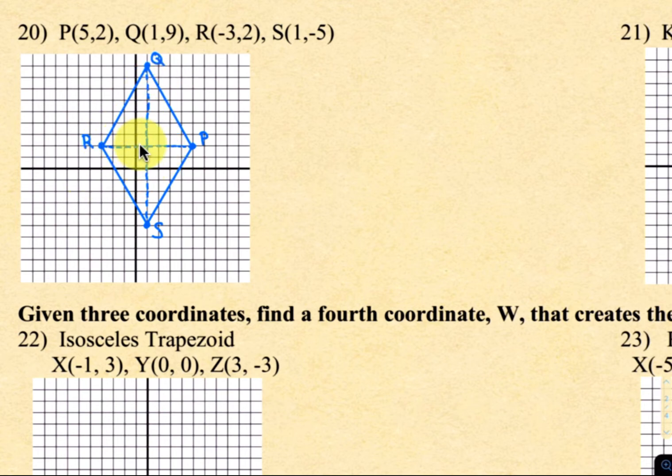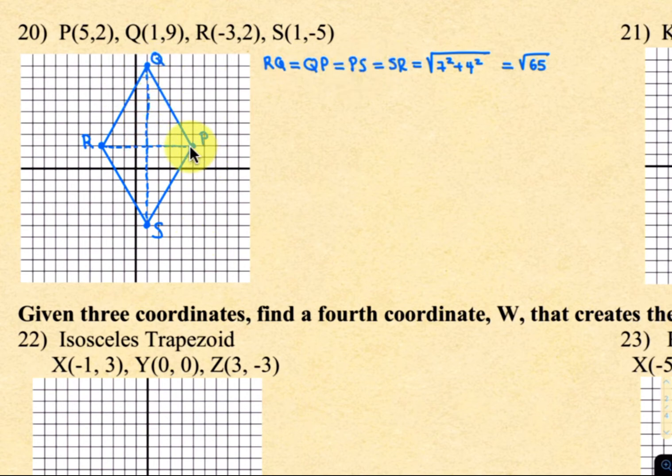Alright, so to prove it's a rhombus, we must show that all four sides are congruent. So if we look at the distance from R to Q, that's the square root of 7 squared plus 4 squared, because you go up 7 and over 4. But it's the same for QP. QP, you go down 7 and over 4.